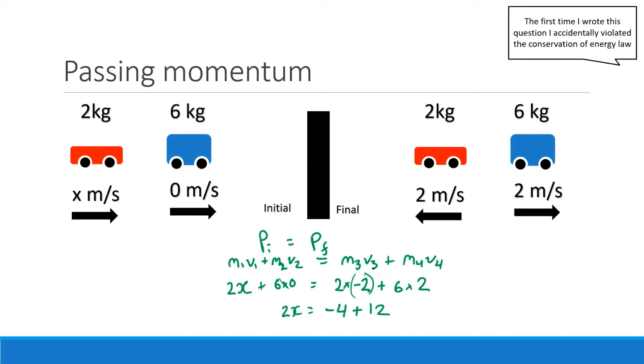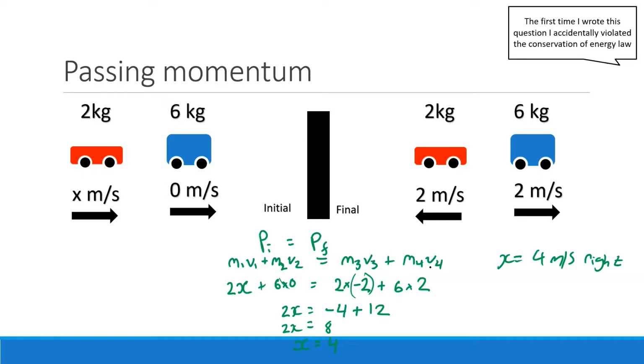Now if we work this out, that's going to become 8. 2x equals 8, x equals 4. Plus, that tells us it's a positive. So that means x equals 4 meters per second to the right. And that's how we can use this to calculate this one.